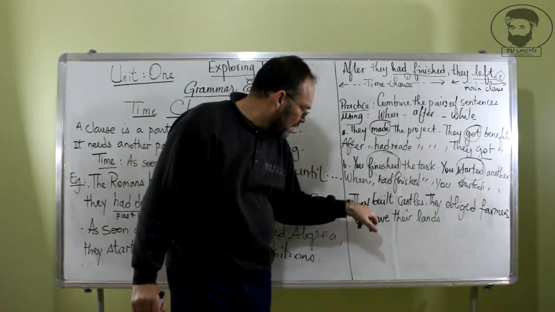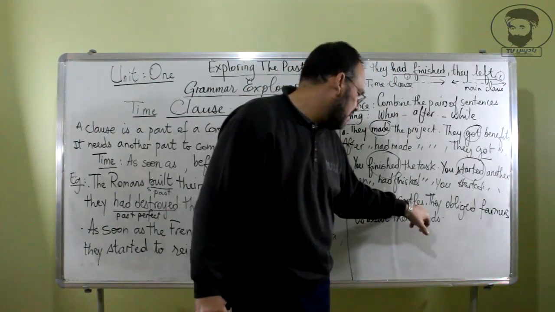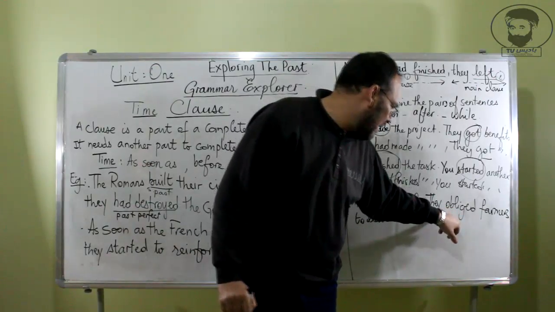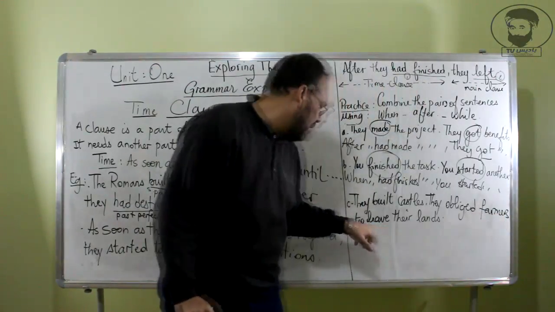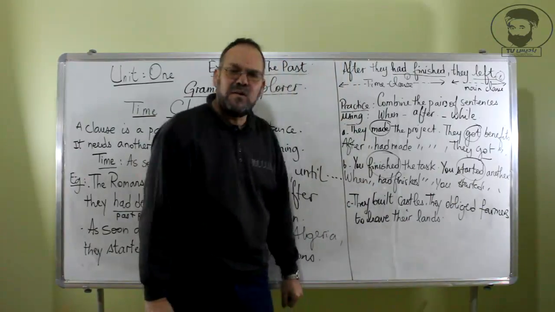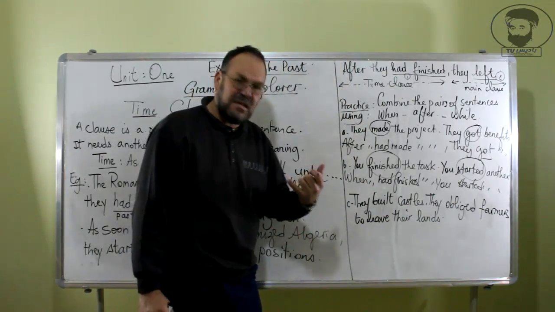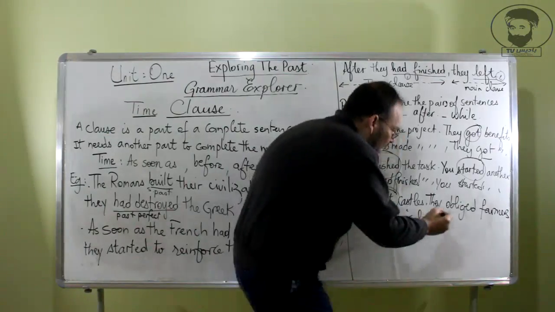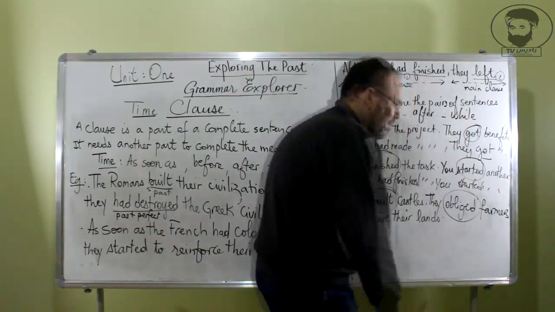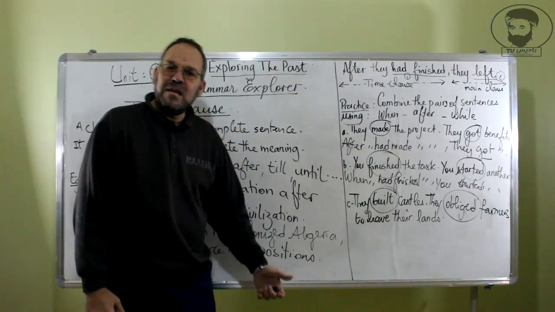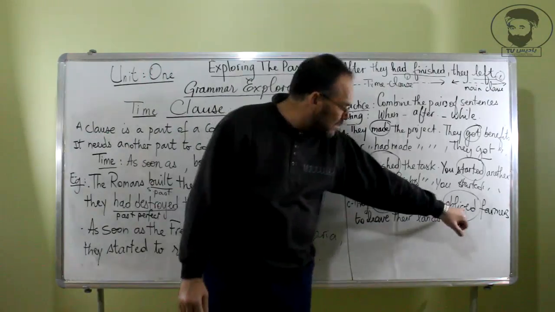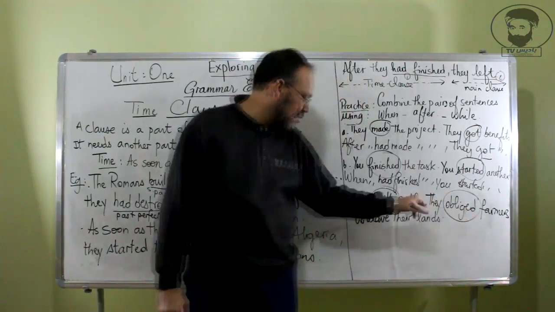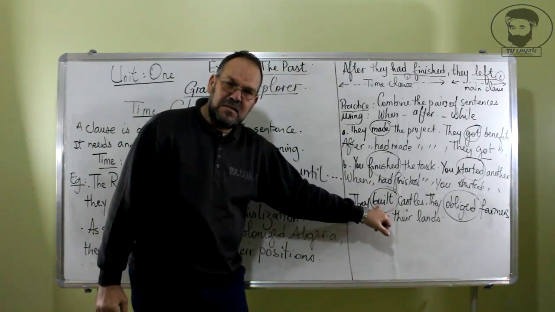The last one: they built castles. They obliged farmers to leave their lands. Which one do you think is first and second? You've got built and obliged people to leave. So, in the meaning of logic, first you need to take the land, and after you build.